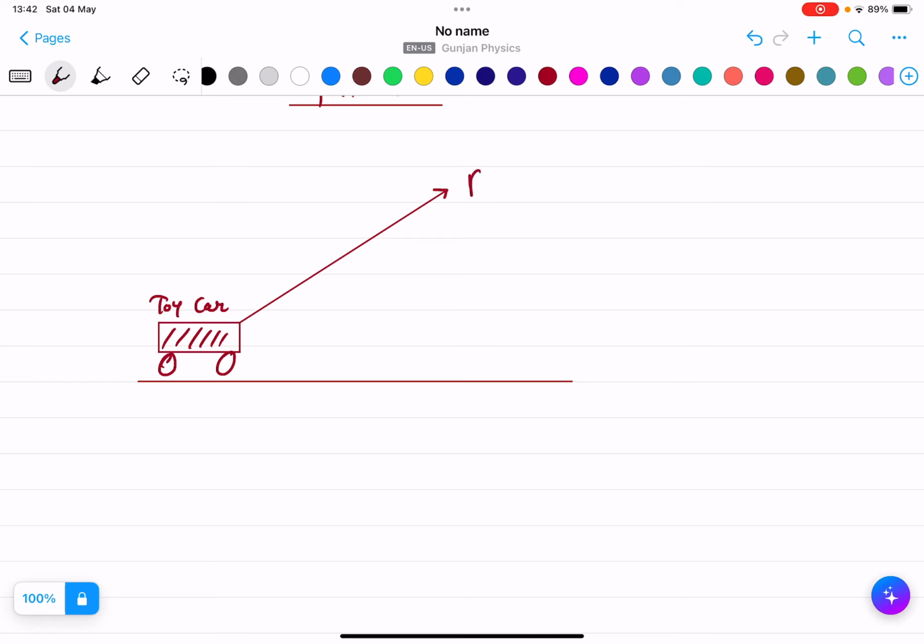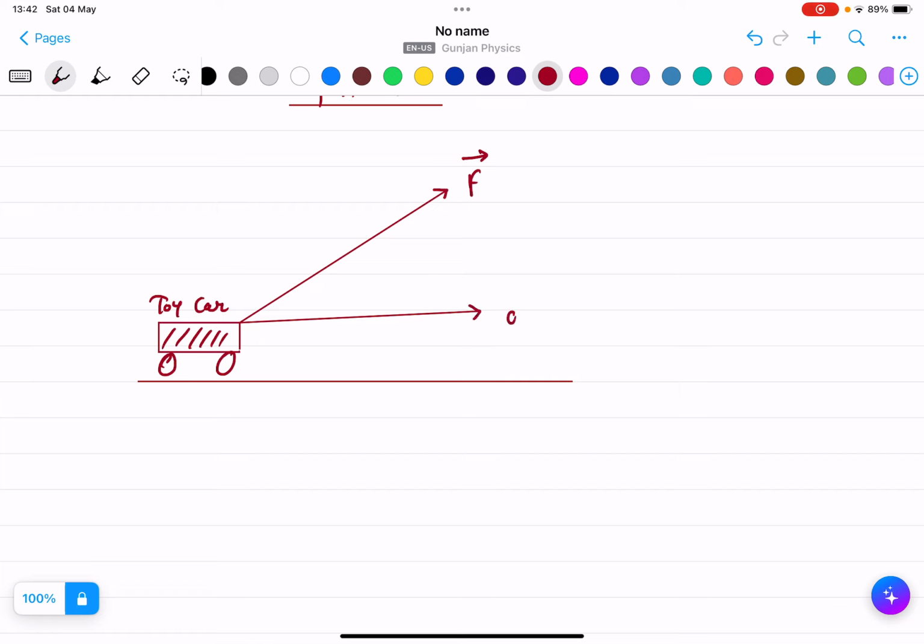It is applying a force in this direction. So if we apply the force like this, the toy car will create a displacement in this direction. Displacement means this toy car will move in this direction.